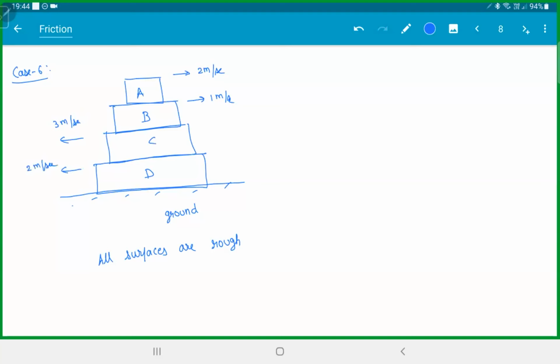Now, find the direction of friction on A, B, C, D. Now remember, every surface will have one friction. Now draw the direction of frictions on A, B, C, D. Just the directions. We don't care about the magnitude right now. Just get the directions.